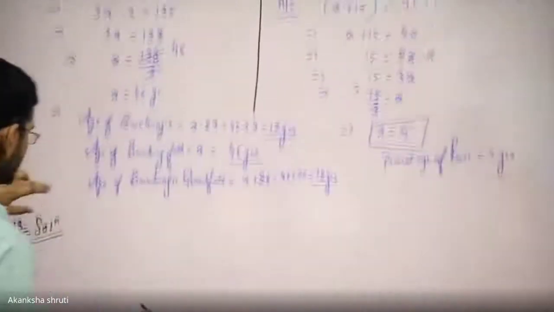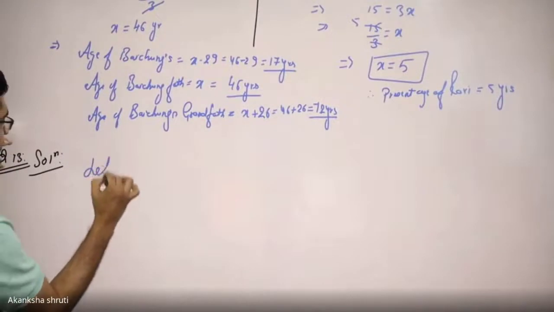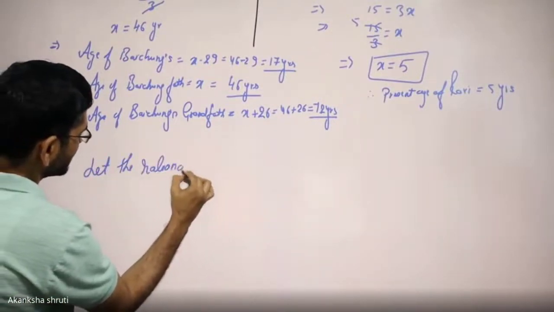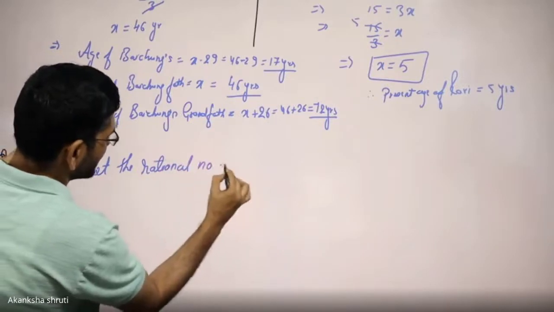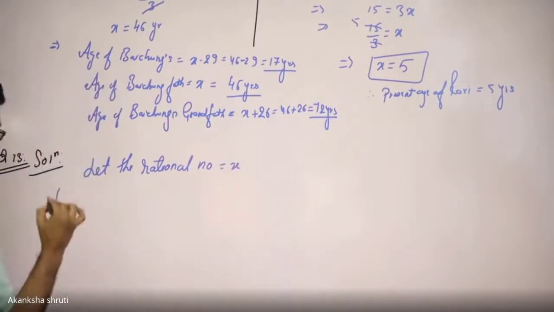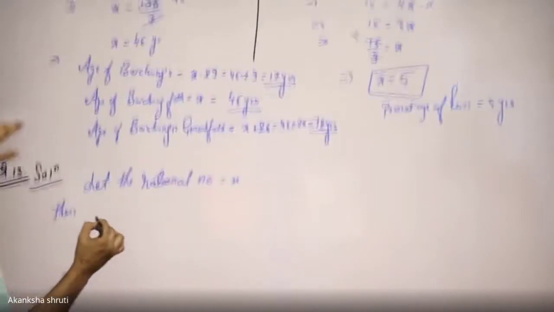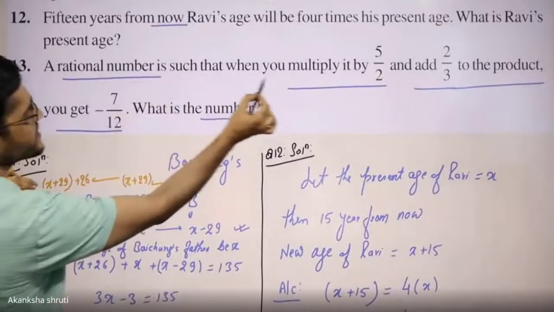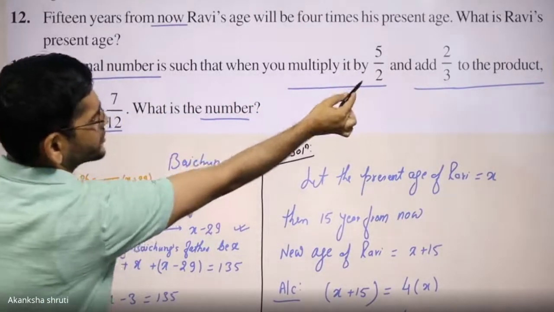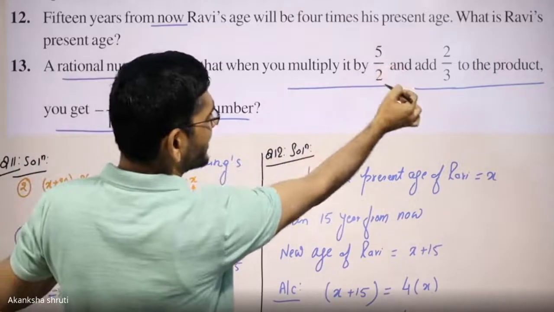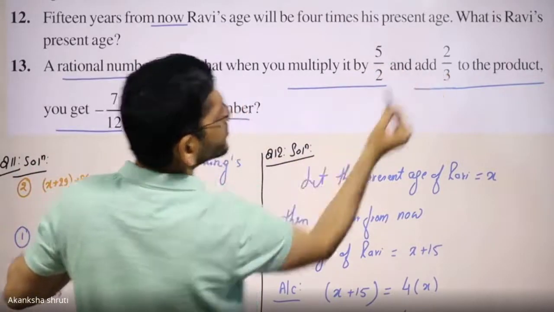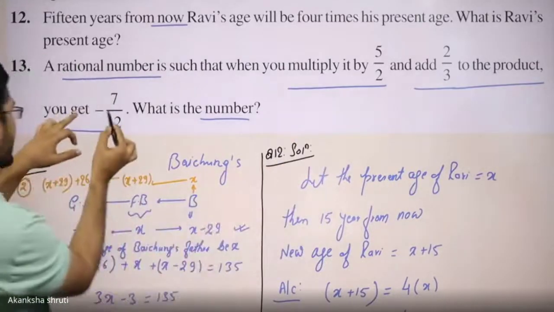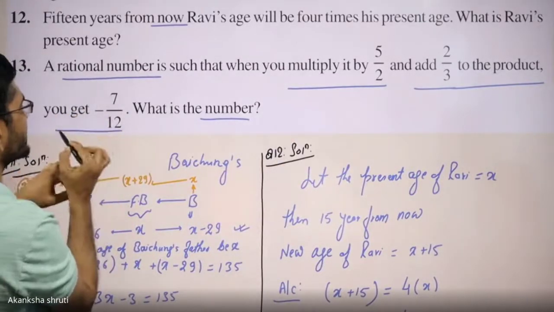So, let the rational number be equal to X. Then whatever the conditions are, we need to write them. Students, the rational number is such that you multiply it by 5 by 2, so first multiply X by 5 by 2, then add 2 by 3, then you will get minus 7 by 12.